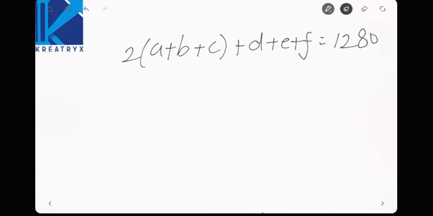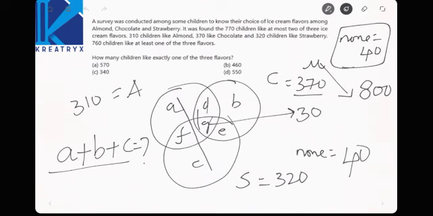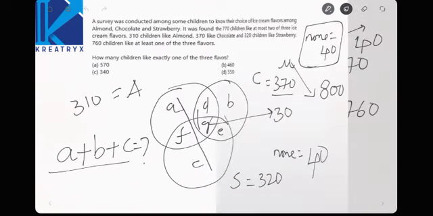Got the thing? Yes. 1280. Now if you remove A plus B plus C plus D plus E plus F from this equation, what is A plus B plus C plus D plus E plus F? Is it 730? Yes, it is 730.